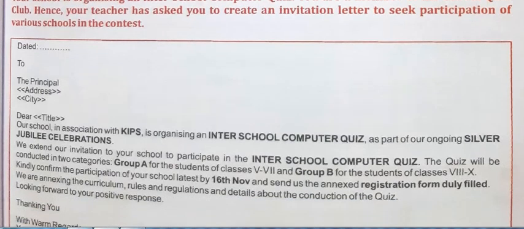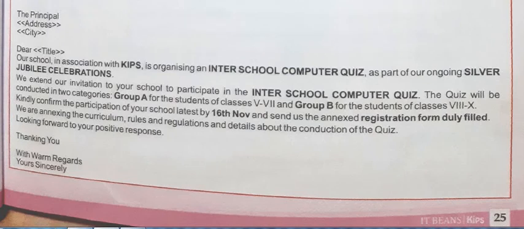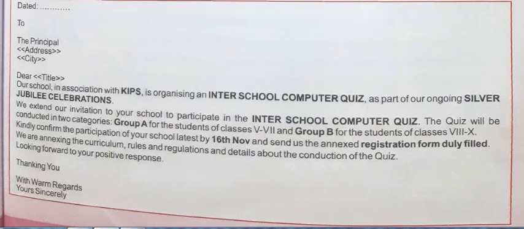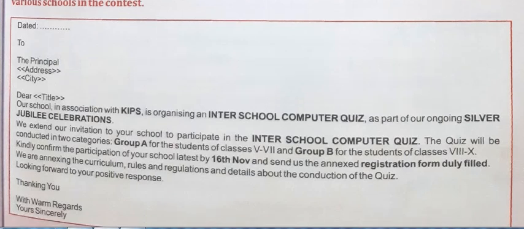Using the mail merge option, you will type this. So tell me, where is the main document in this? This is an example of mail merge. So where is the main document? So main document is here, from here starting to here.